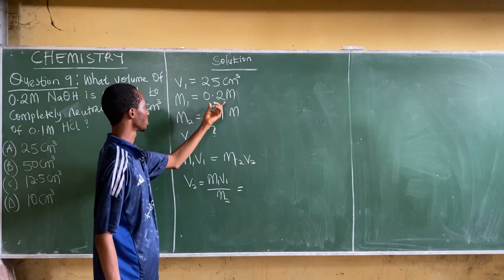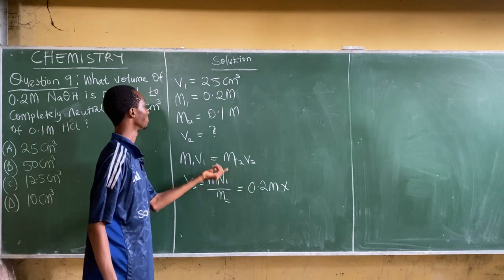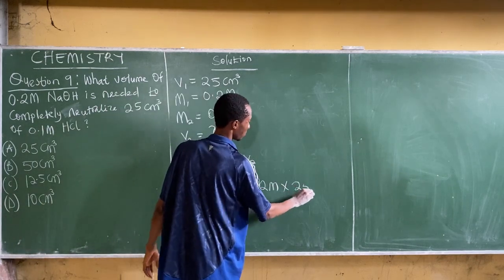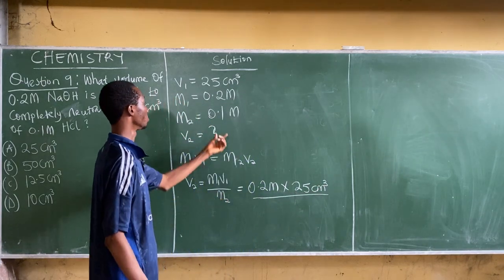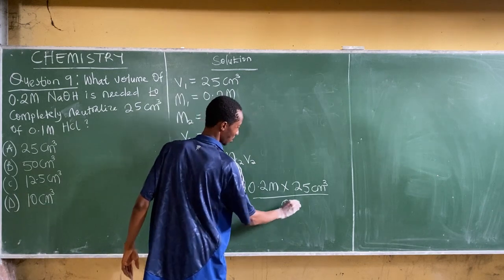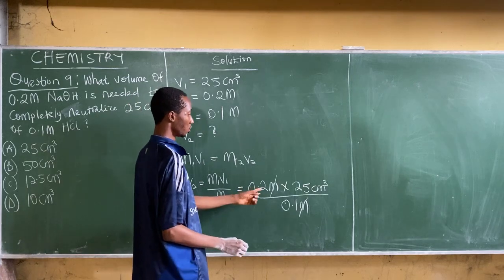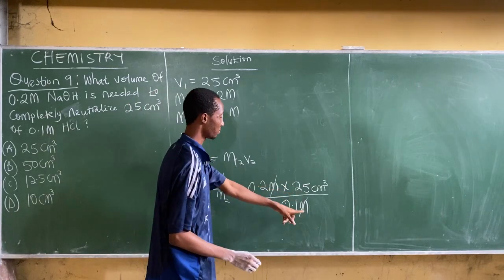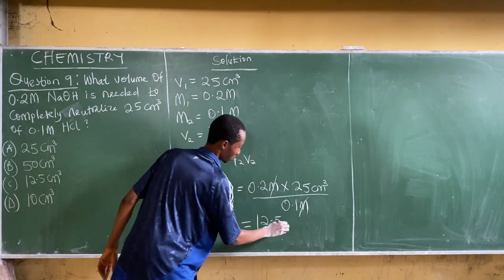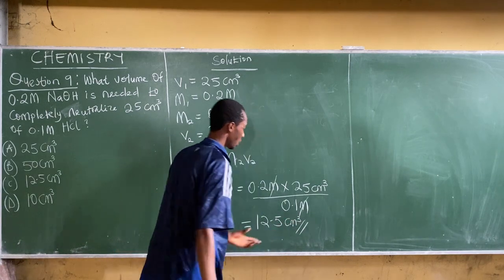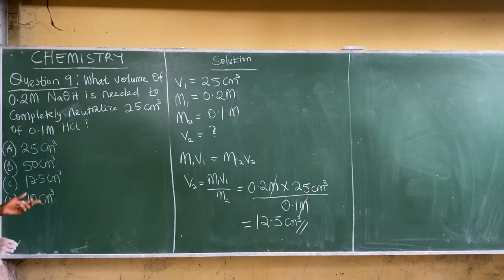Our M1 is 0.2 M times our V1, which is 25 cm³, all divided by our M2, which is 0.1 M. This molar will take away this molar. Now 0.2 times 25 divided by 0.1 will give us 12.5 cm³. So this is our final answer. The correct option here is option C, 12.5 cm³.